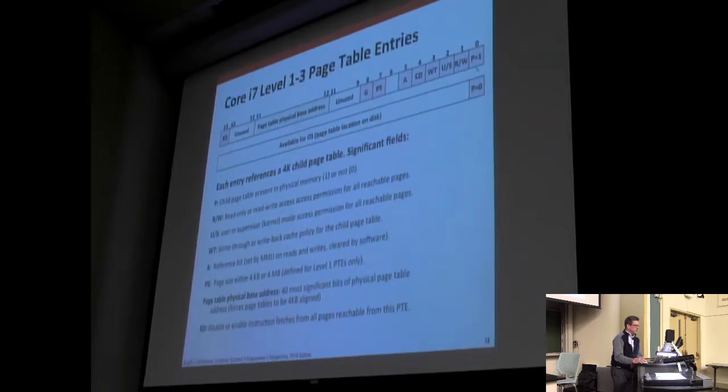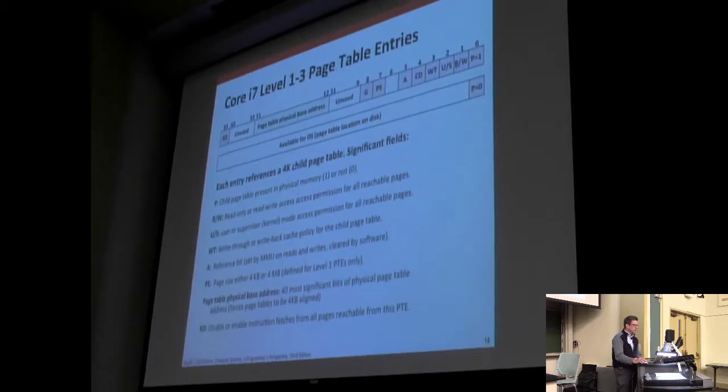There's a bit, the valid bit, which they call P for present. This identifies whether the page is in memory or not. If it's not, then there's the location of that page table on disk.